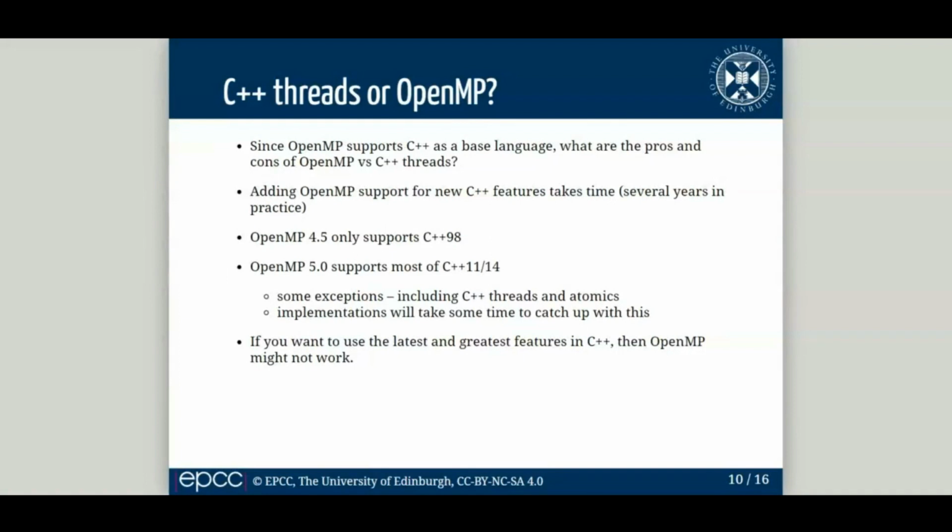But coming back to OpenMP, OpenMP 5.0 now supports most of C++11 and 14. So you need to be careful: if you want to use something defined in C++20, you need to check first if the compiler supports that feature, and also, if you use OpenMP, whether that version of OpenMP supports it.